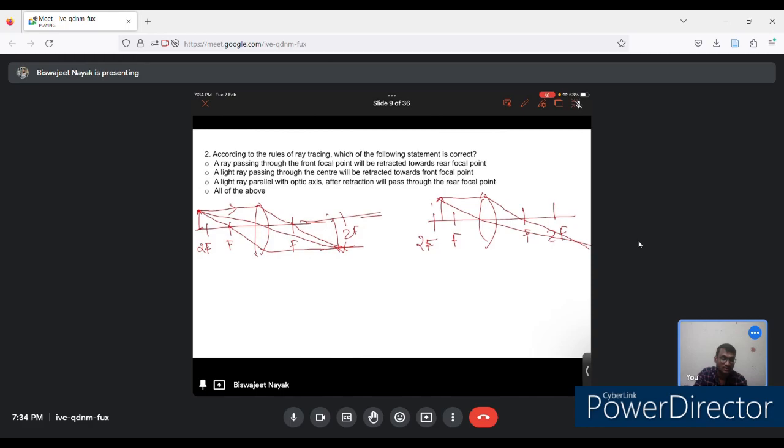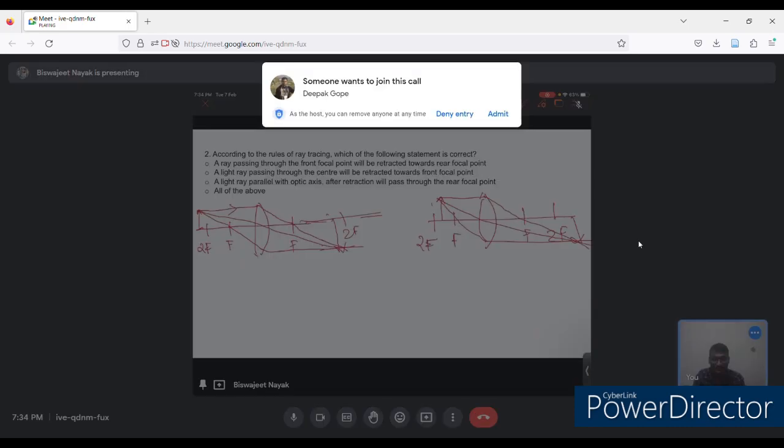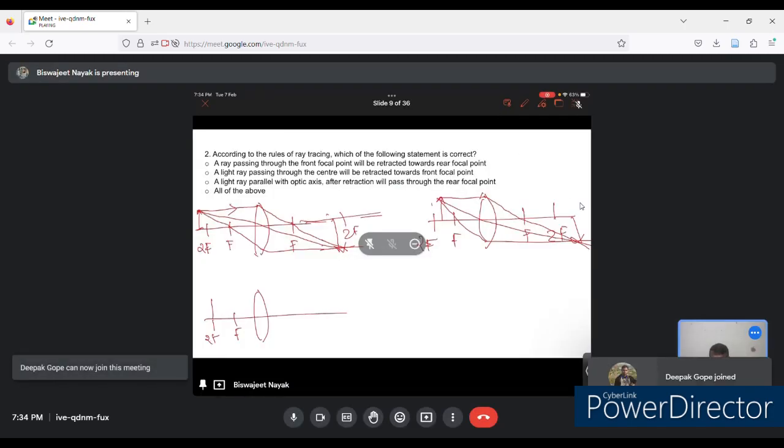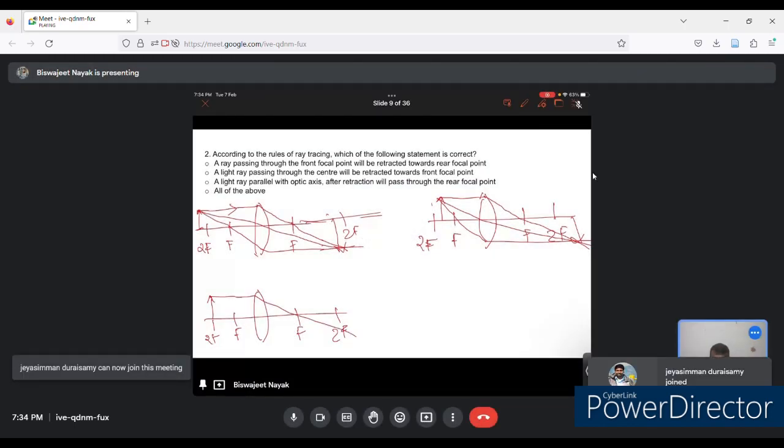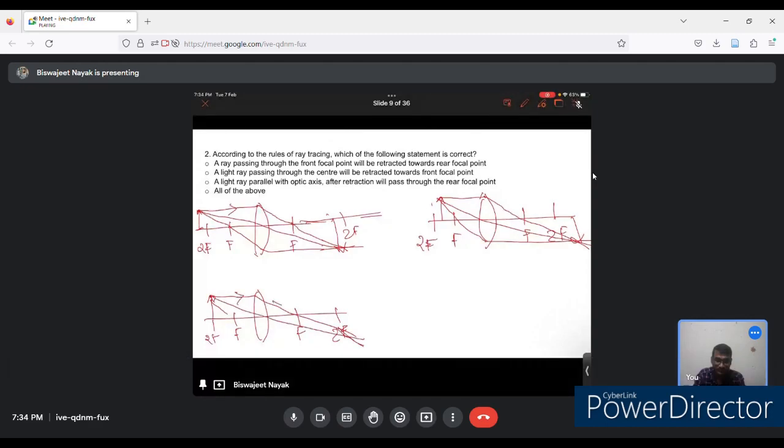If the object is at 2f, then the image will also form at 2f.